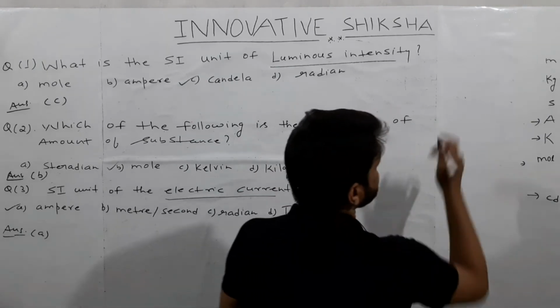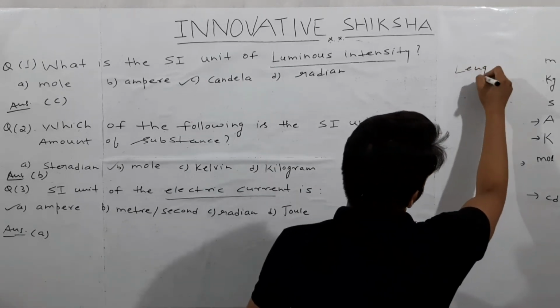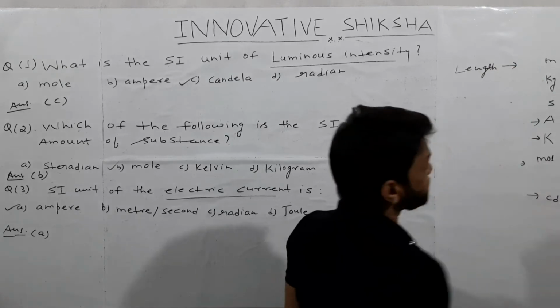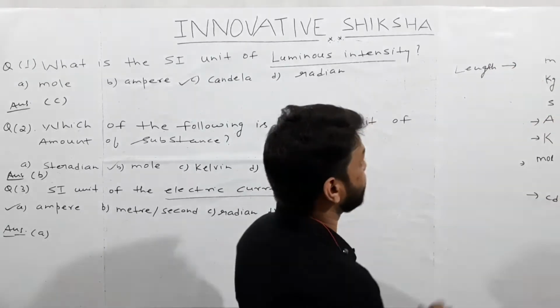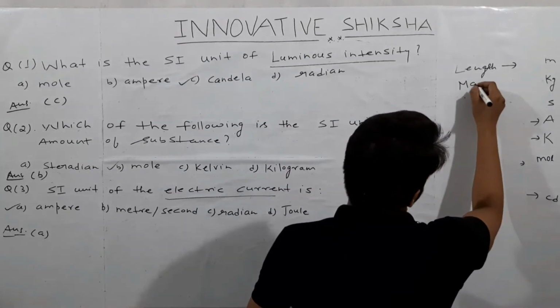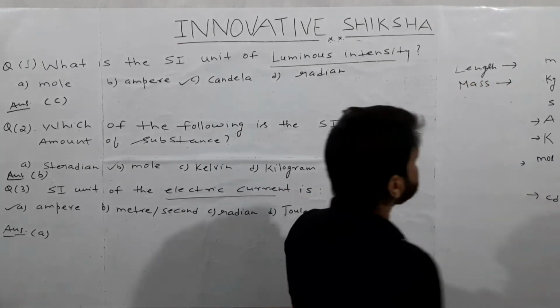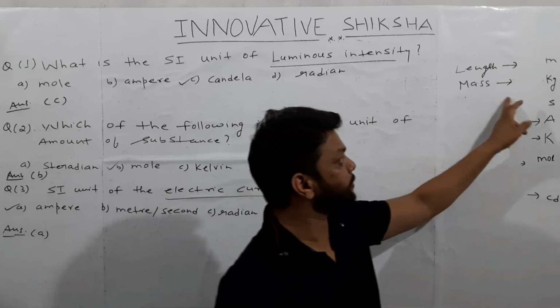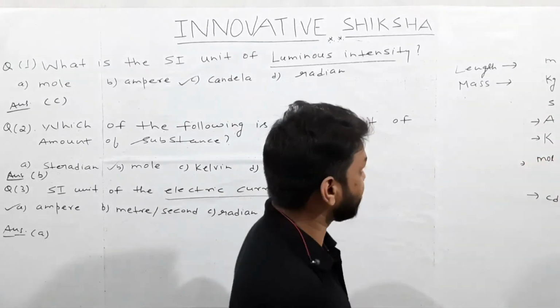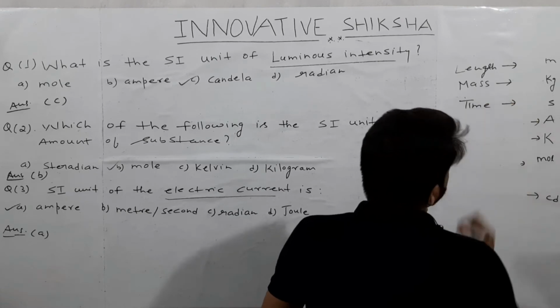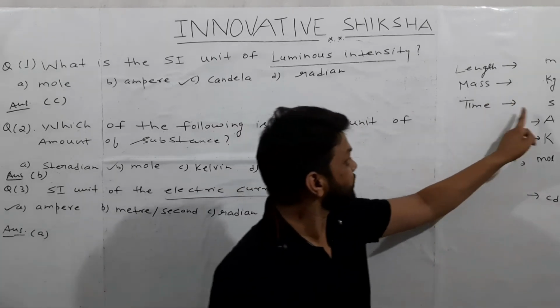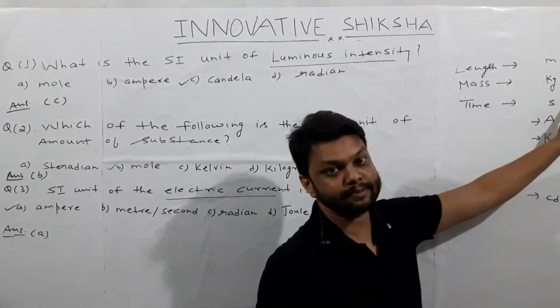The physical quantity length has the SI unit meter, which is represented by small m. The next physical quantity is mass, and the SI unit is kilogram, represented by kg. The next physical quantity, time, has the unit second, represented by small s.